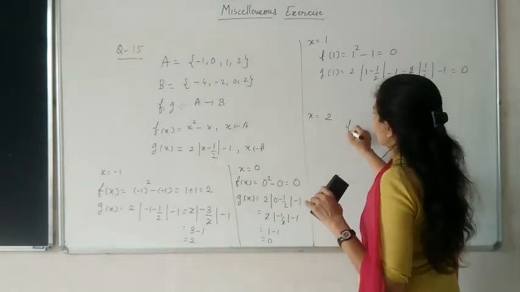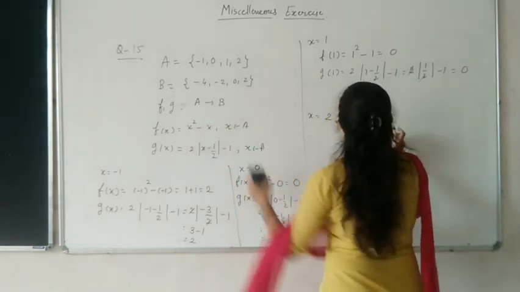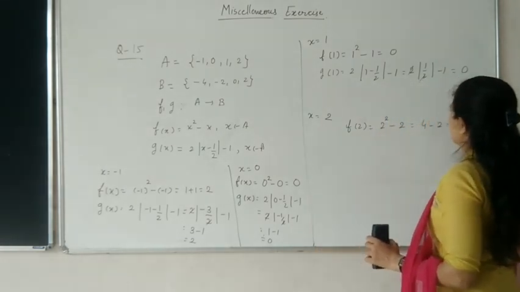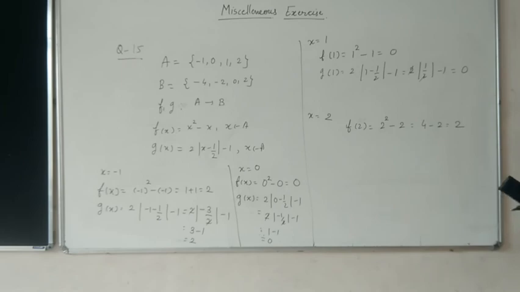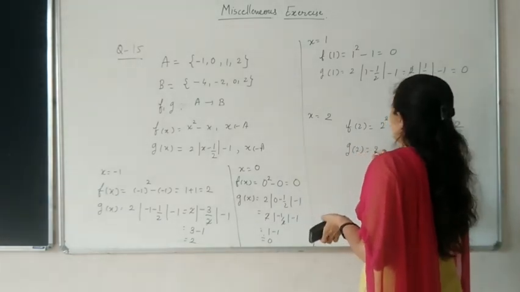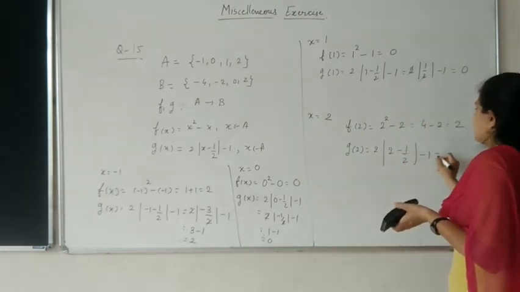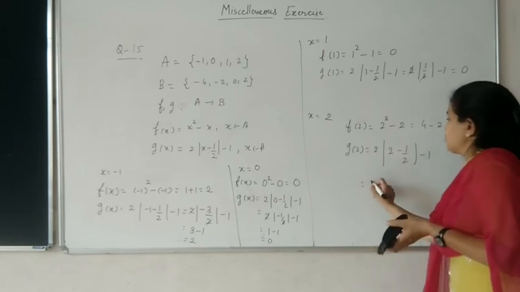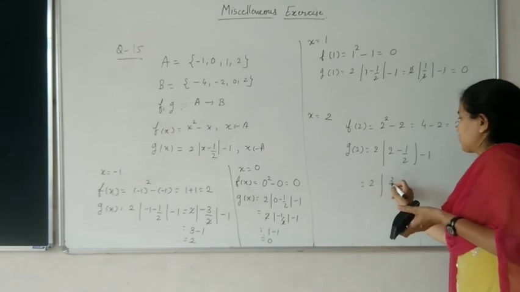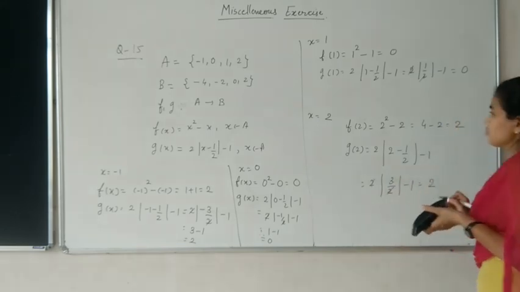For x equal to 2, f(2): again substitute the value 2 in f(x). That is 2² - 2, 4 minus 2, which is equal to 2. Similarly, g(2) is 2|2 - 1/2| - 1. So 2 times 3/2 minus 1, the 2 cancels, 3 minus 1 is 2.